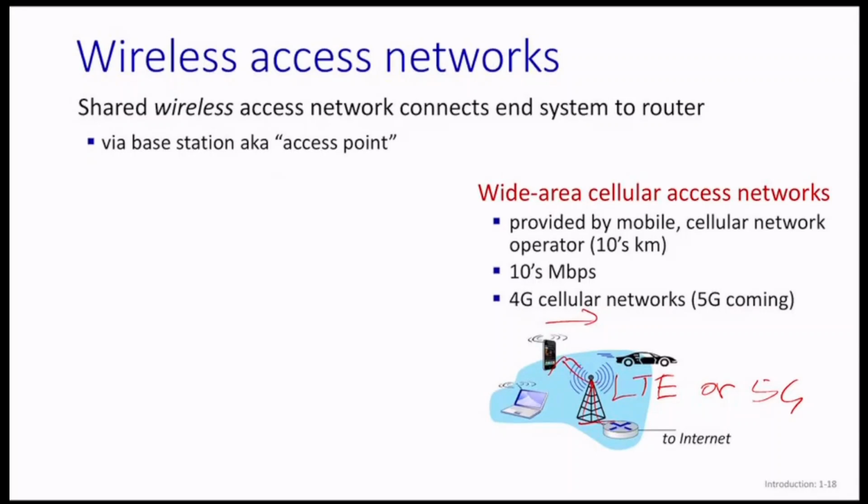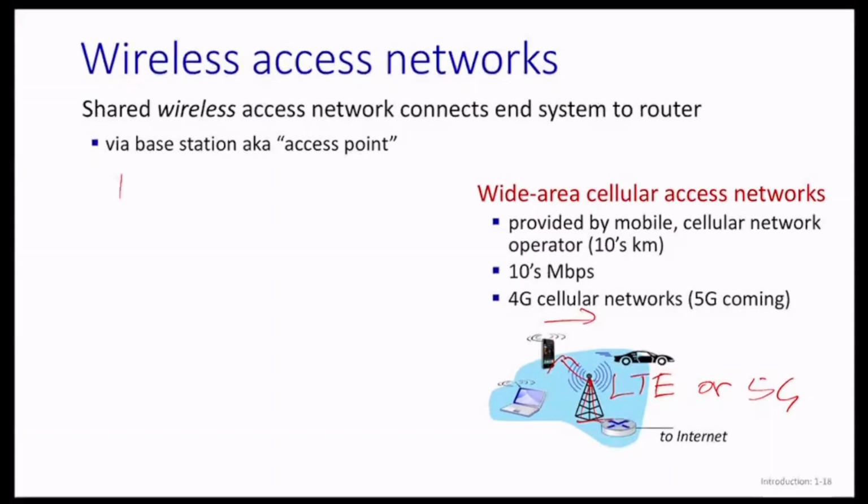So there are two types of things: one is Wi-Fi, another is the cellular network. The cellular network evolved from 1G, 2G, to 3G, to 4G currently, and we also use 5G now. Each generation has a different purpose.